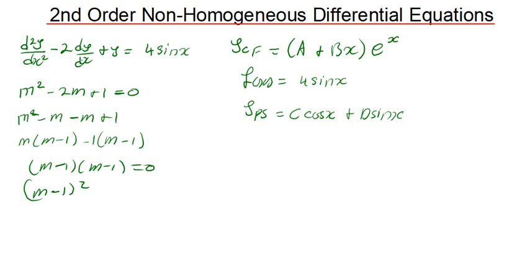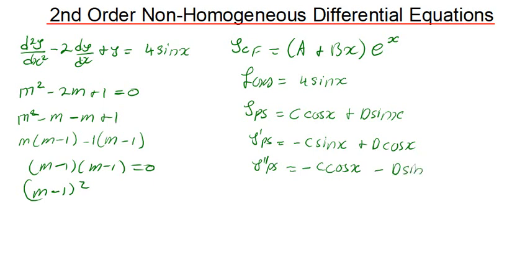Now we can differentiate. The first derivative of the particular solution is going to give us minus c sine x plus d cos x. Then the second derivative of the particular solution is minus c cos x minus d sine x.